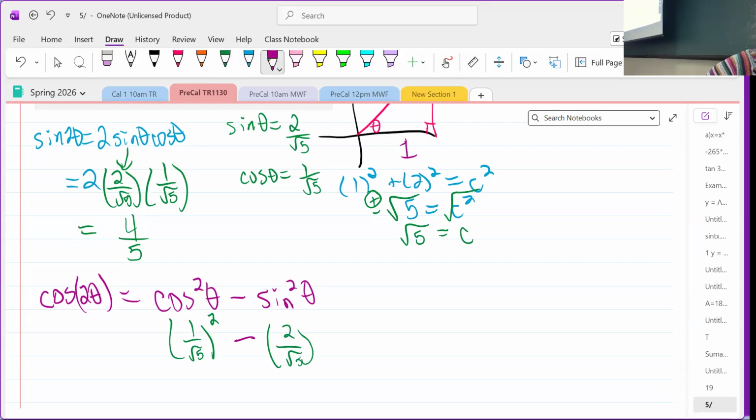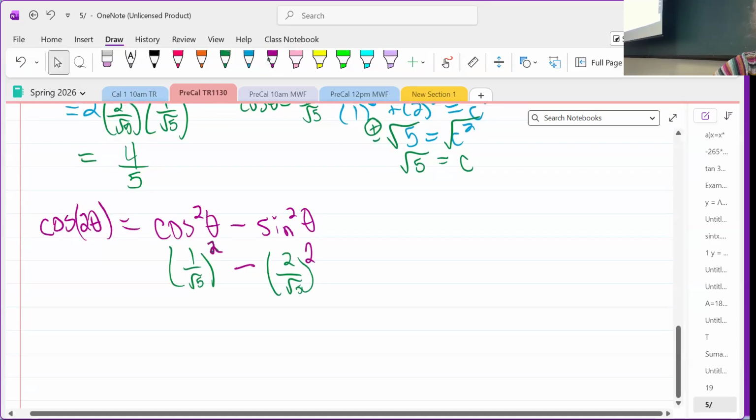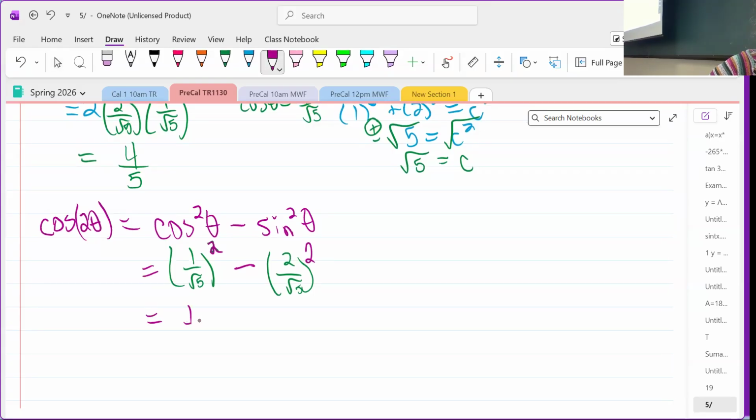But the formula also says to square that. Now, this is all numbers, so you can punch it up on the calculator. But this one will be 1/5 minus 4/5, which gives us negative 3/5 for cosine 2 theta.